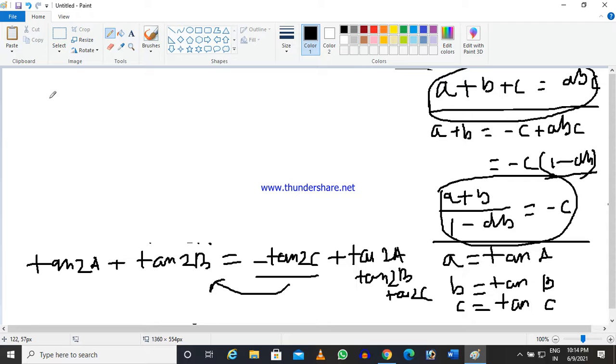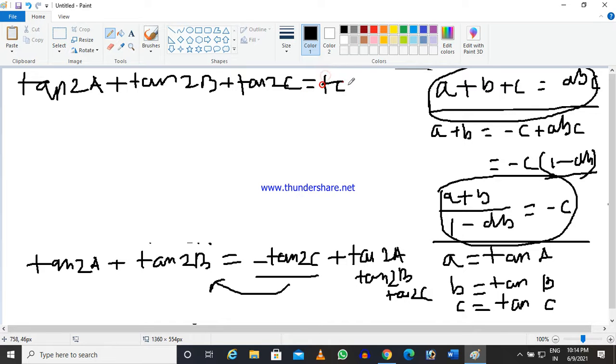So what will be the final expression? Tan 2a plus tan 2b plus tan 2c is equal to tan 2a into tan 2b into tan 2c.